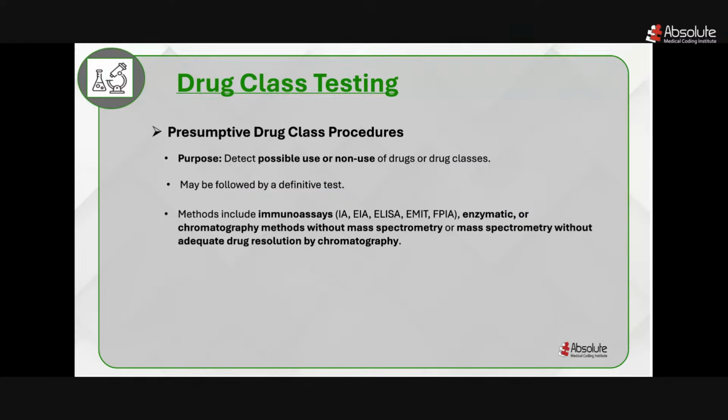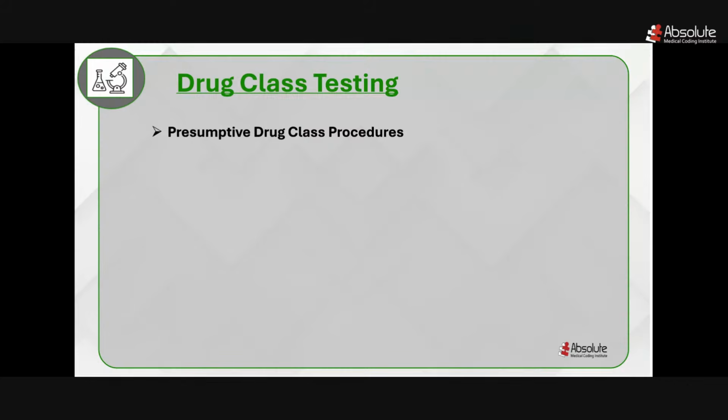Now that we have talked about therapeutic drug assay, we are moving on to the next classification, that is drug class testing. There are two tests, actually: presumptive drug class testing and definitive drug class testing. Presumptive drug testing is your initial screen. Think of it as a quick check that tells you whether a drug might be present or not. The presumptive test doesn't tell you which exact drug is present.